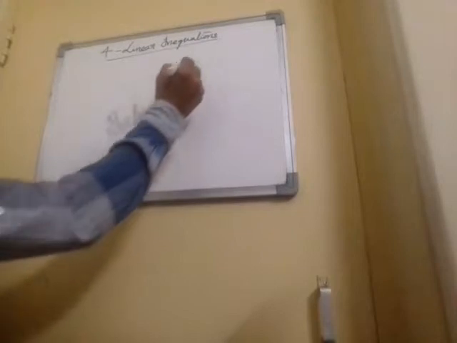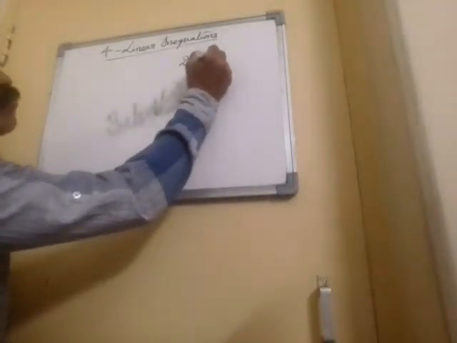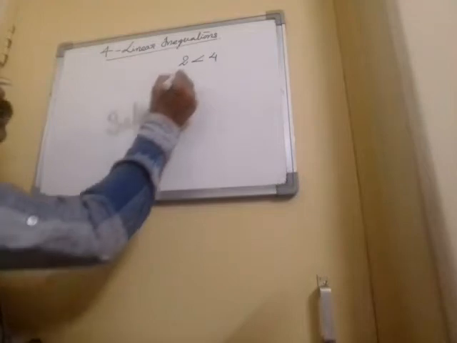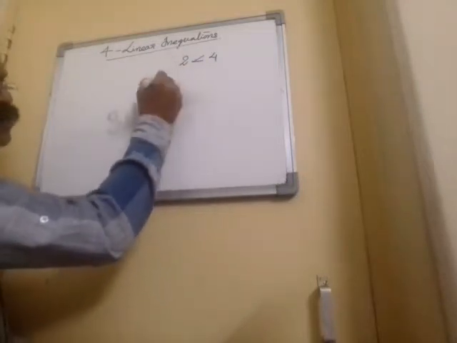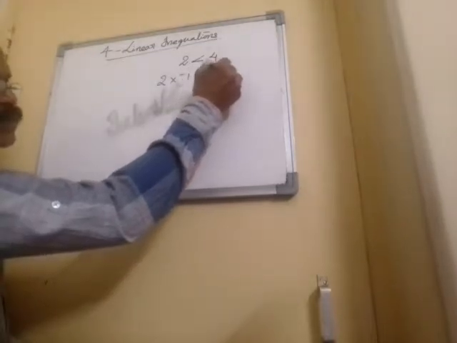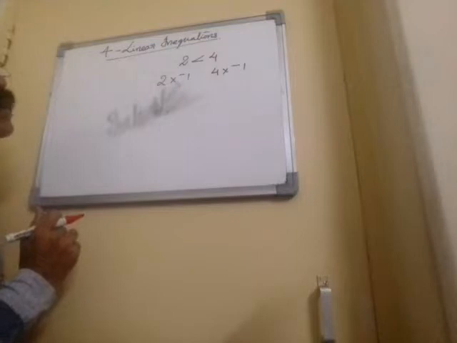See, all of you know the number 2 is less than 4. Suppose I multiply both sides with minus 1. So 2 into minus 1 less than 4 into minus 1. This less than, we have to change it.